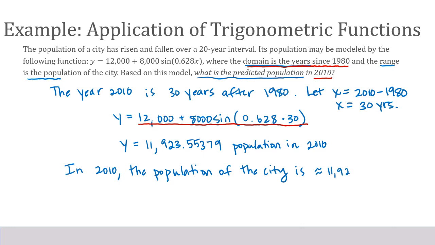Now sometimes they tell you to round down. There's arguments to say round down because you're not going to have half of a person, but I'm going to go ahead and just round up, because this is all estimating anyway. 11,920. I'll say 3, but you could also say 924, couldn't you? And it's going to be that many people.